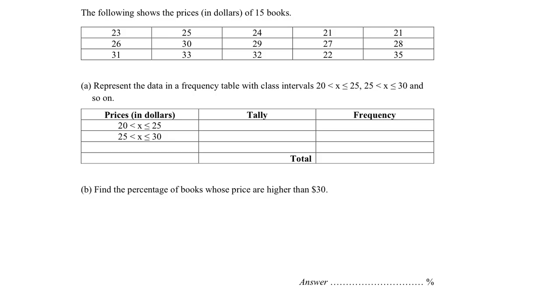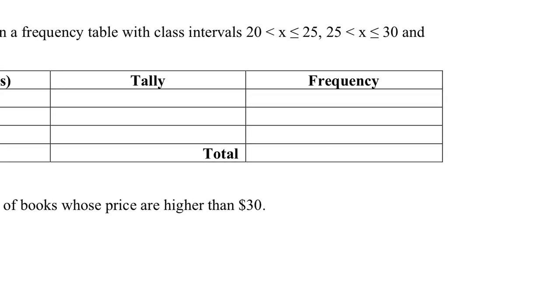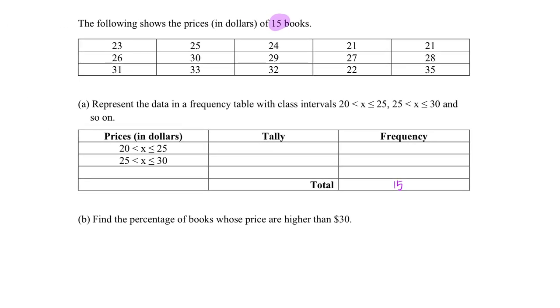Alright, the following shows the prices in dollars of 15 books. So straight away, I know the total frequency should be 15. Okay, so later we must check, huh? Next, represent the data in class interval.